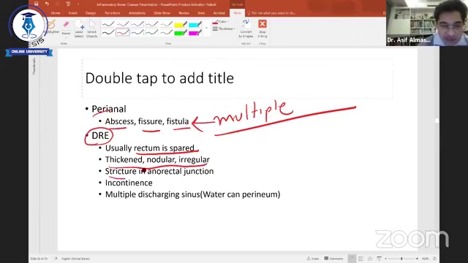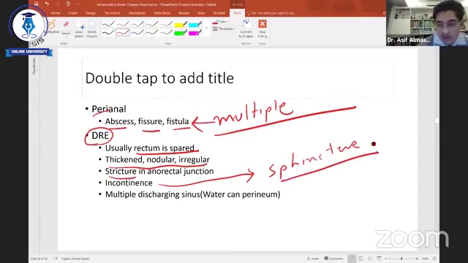There may be a stricture in the anorectal junction. If the anal sphincters are involved, then there may be incontinence and multiple discharging sinuses. Multiple discharging sinuses may be present, which looks like a watering can perineum. Watering can, if you remember, looks like something like this.